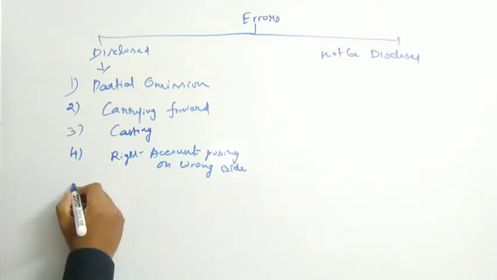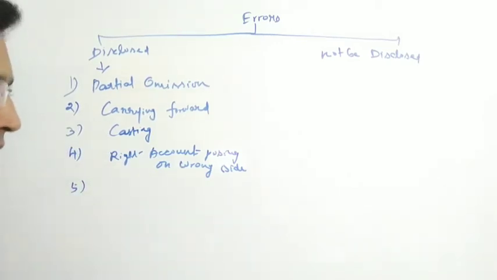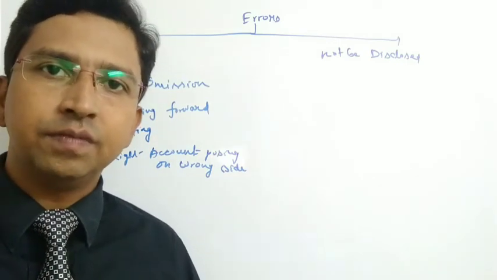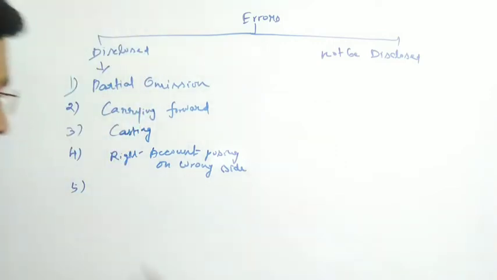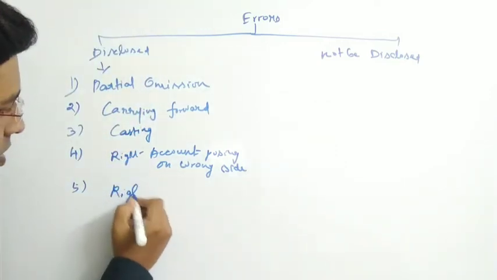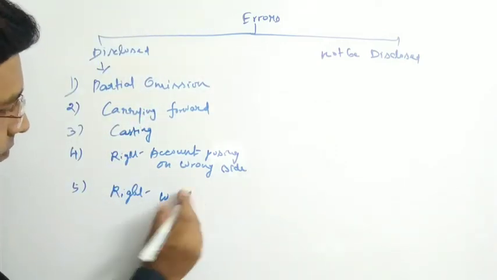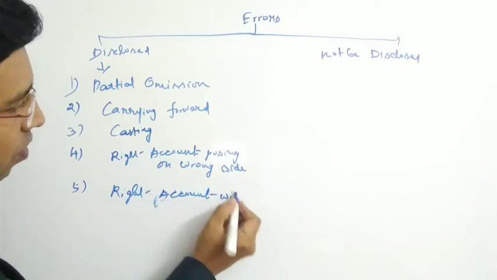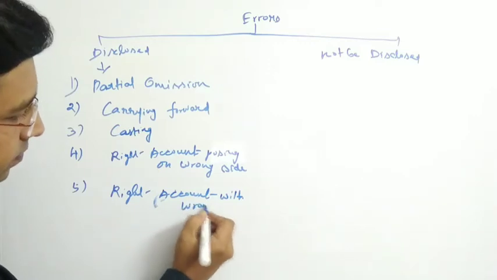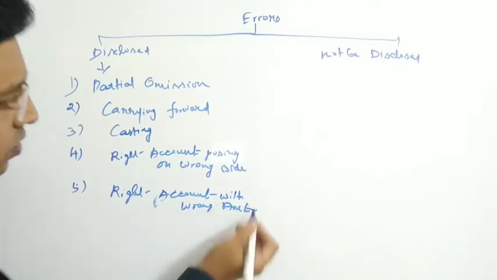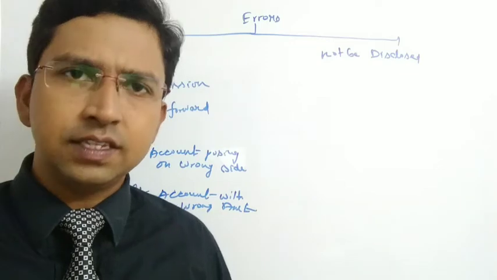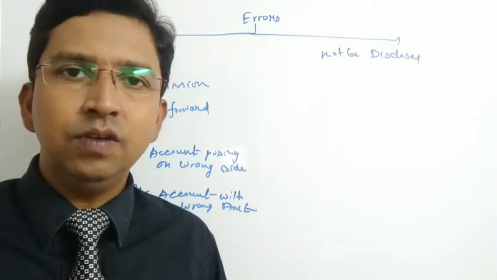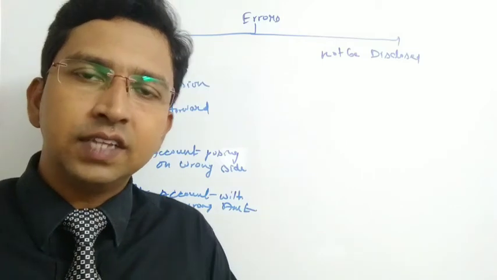And the next one is posting on the right account with the wrong amount. How? Taking the same example, goods sold to Raja, when we are posting into the sales account, the Raja account should be written on the credit side.